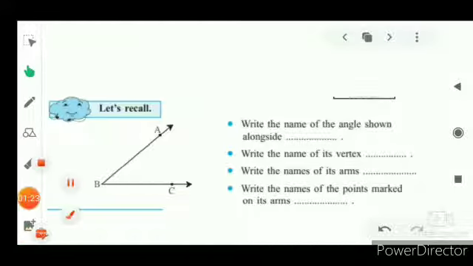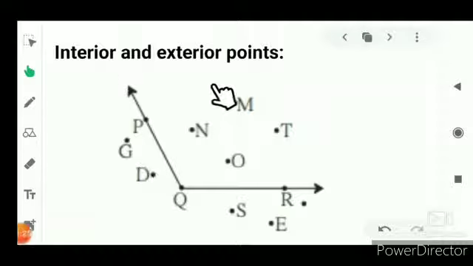Now what are interior and exterior points? Here the angle PQR is given and some points are given on this side and some on this side. All the points which are not on the arms of the angle and lie interior to the angle, like point N, point M, point O, point T, are called the interior points.